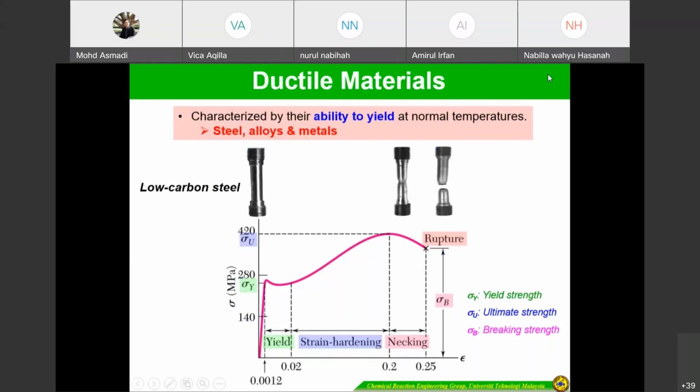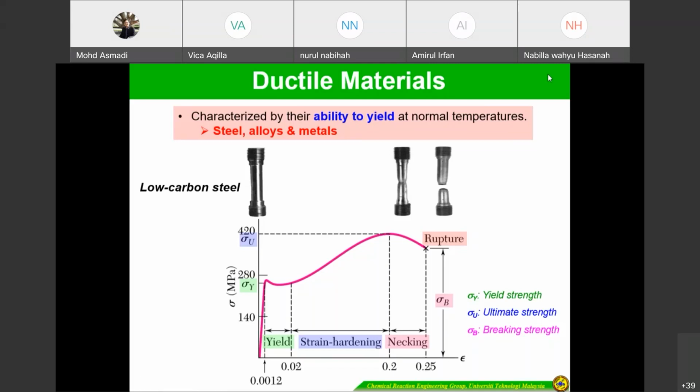Because, if you learned in chapter 2, the previous chapter, this is due to the chemical bondings, depending on the difference in electronegativity also. So it is different for steel and different for other materials, for example glass, iron. It's easy to break, it's easy to rupture.